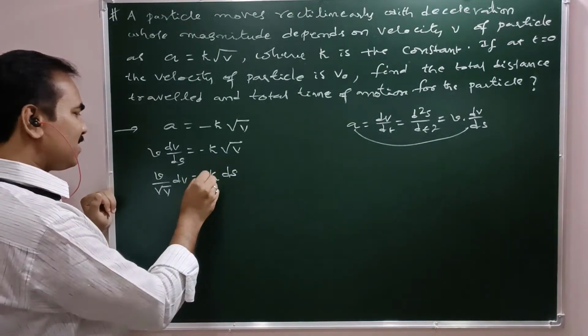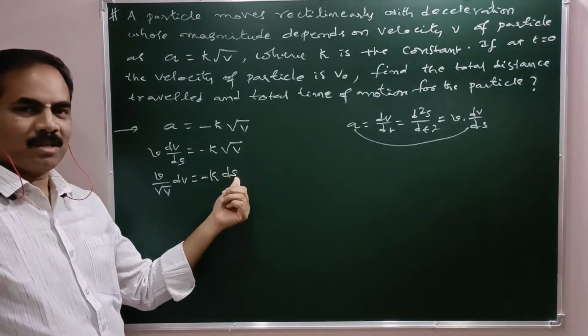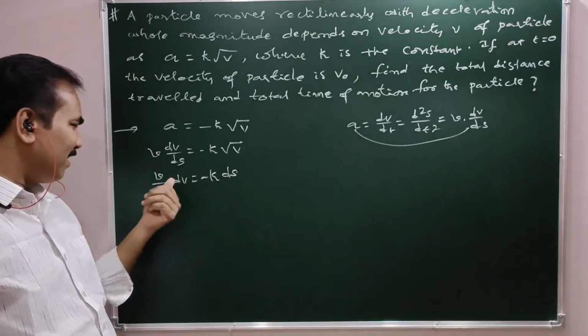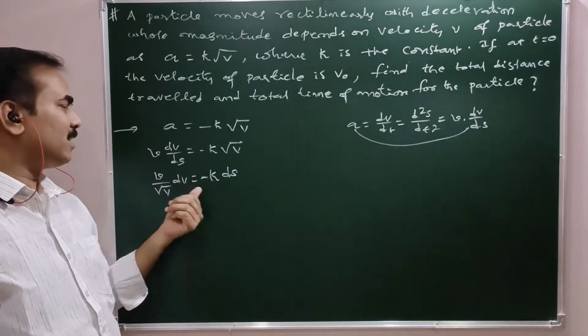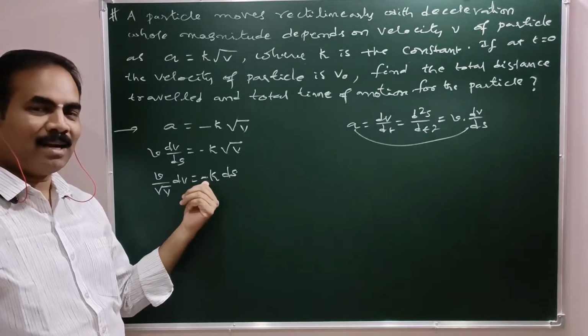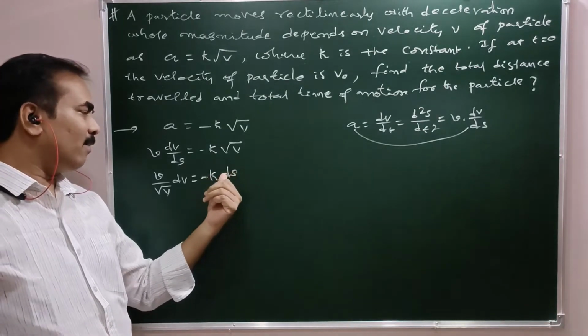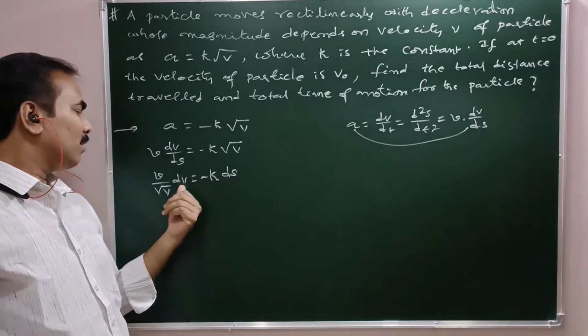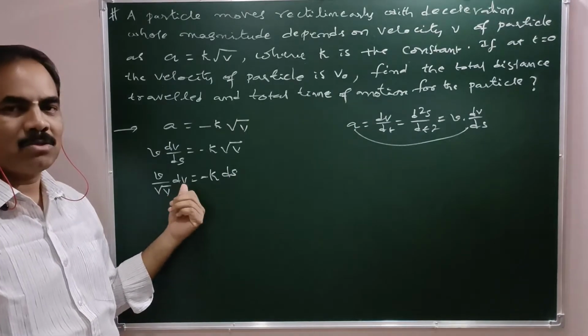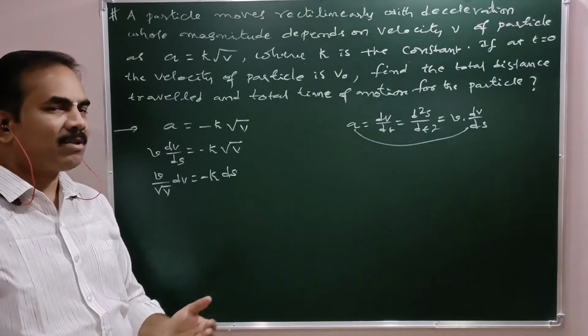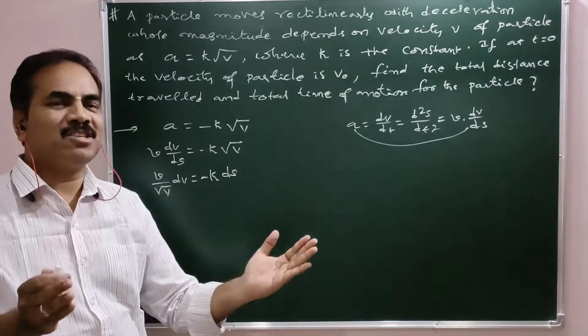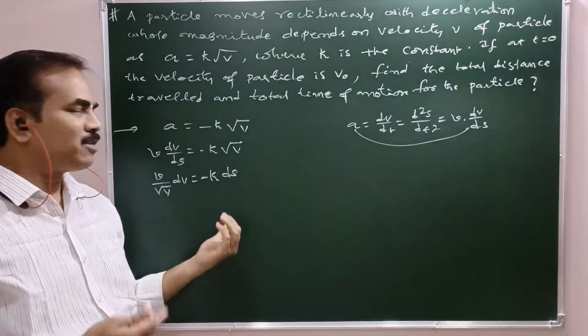What is the significance here? In every distance there is a decrease in velocity dv. The negative sign means that on covering every ds, the decrease in velocity is dv. Ultimately, before coming to rest it covers some distance and the final velocity becomes 0.